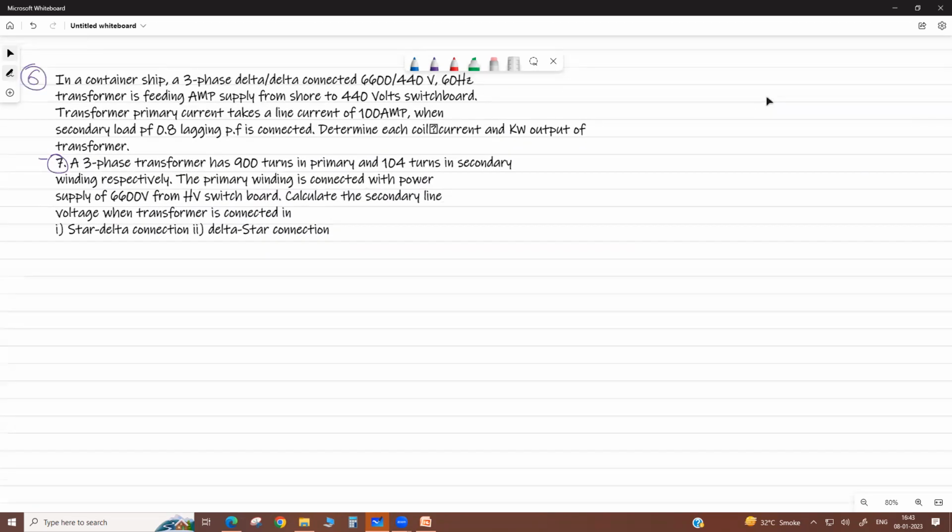There is a container ship that has a three-phase delta connected 6600 by 440 volt transformer. So let us take one delta connected. Here is the winding.